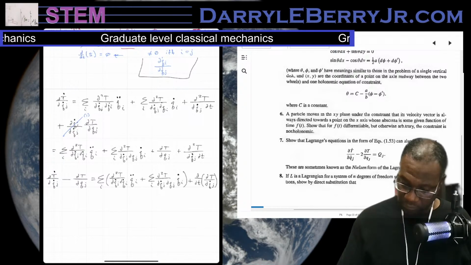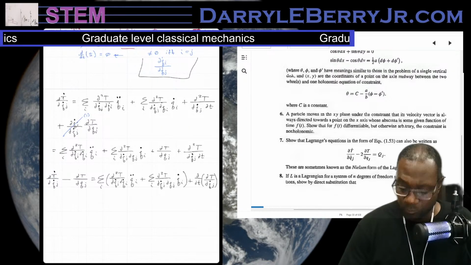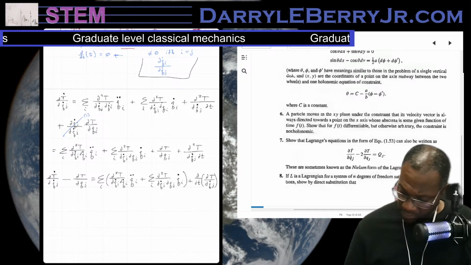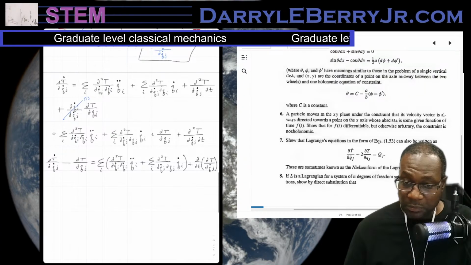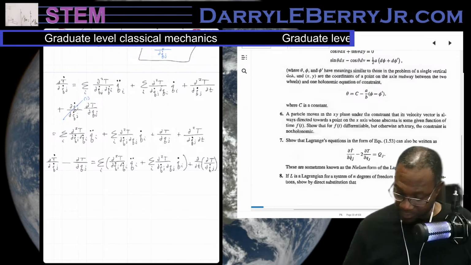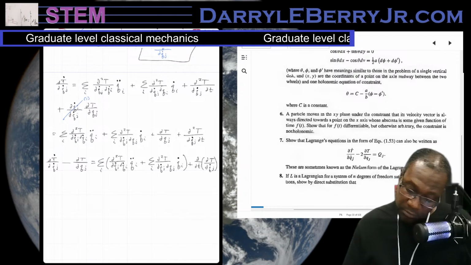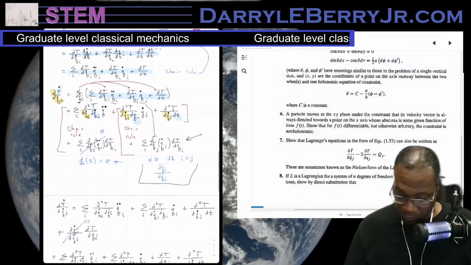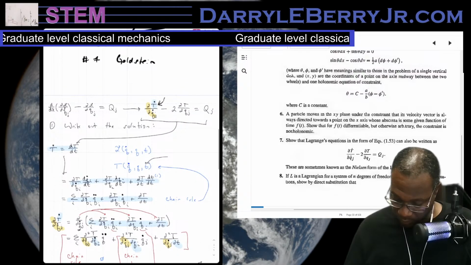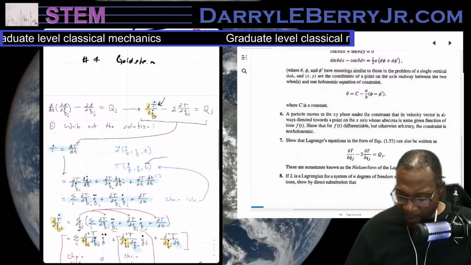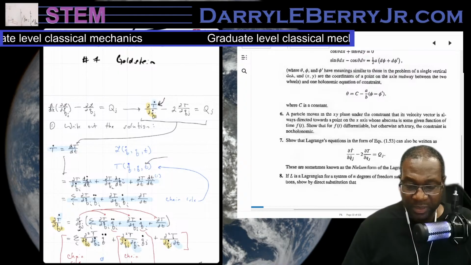That looks like she points out that all of that is d of dt over partial T over partial q dot j. I hope I'm seeing that correctly.